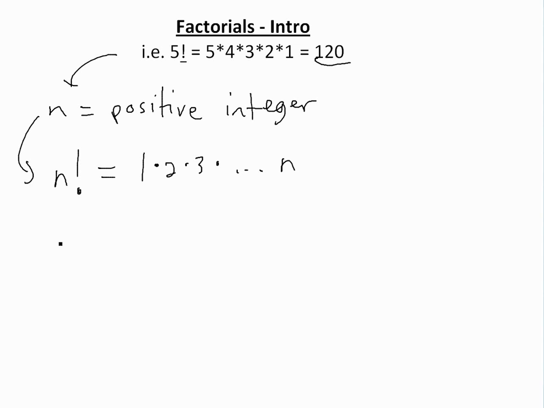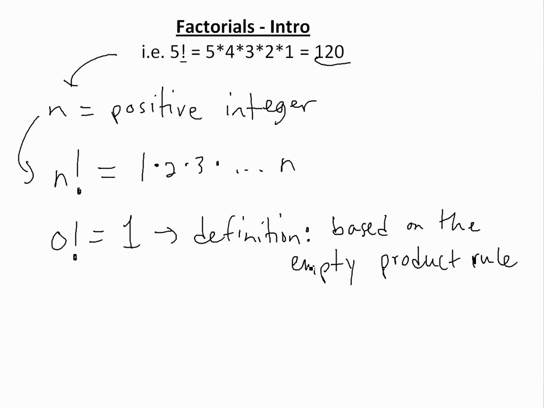And it's also defined for 0 factorial. This is equal to 1, and this is by definition, based on the empty product rule. I'd probably do another math easy video on this at a later time, explaining further.